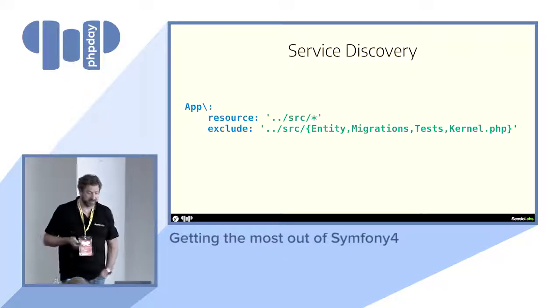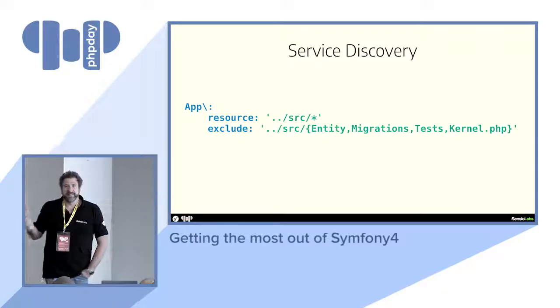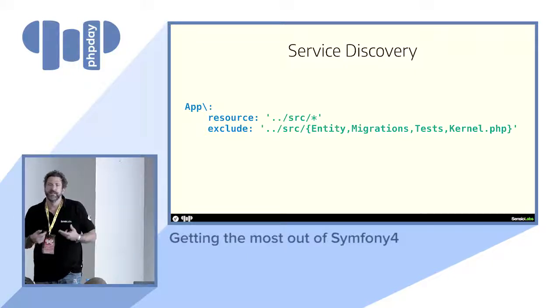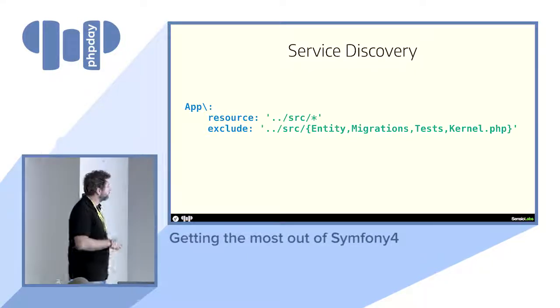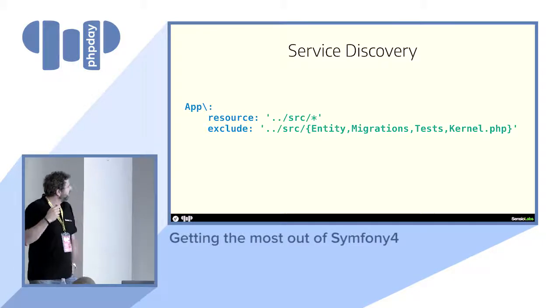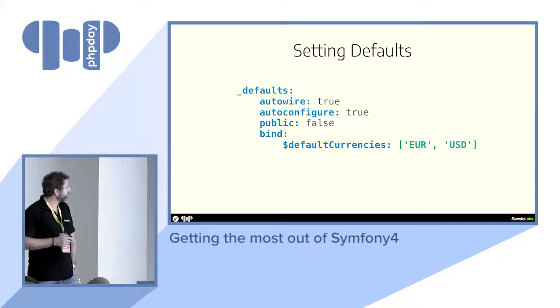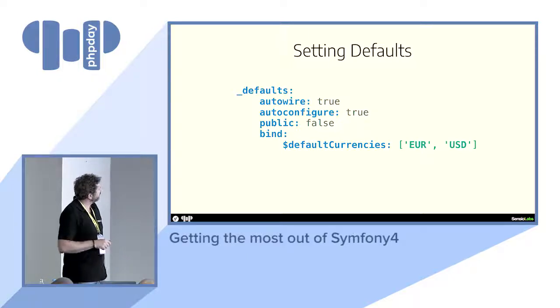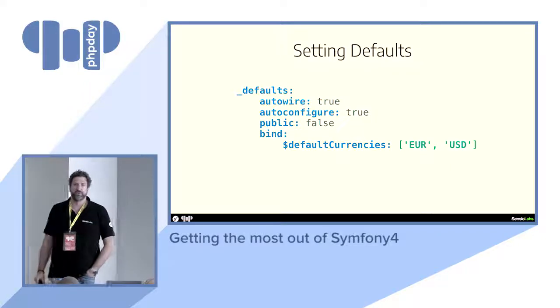This is very powerful. There is the question of how do I assign configuration to all of these automatically loaded services? And the answer, or one of the answers, is this: setting defaults. There is, in the services.yaml, a new section, _defaults.